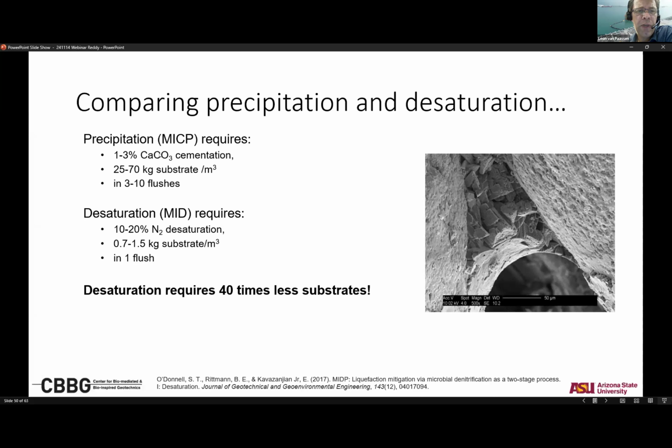To get 1 to 3% calcium carbonate cementation, you require 25 to 70 kilograms of substrate per cubic meter, and 3 to 10 flushes to bring it in. So desaturation to the target level would require 40 times less substrate. That was promising when we found that.